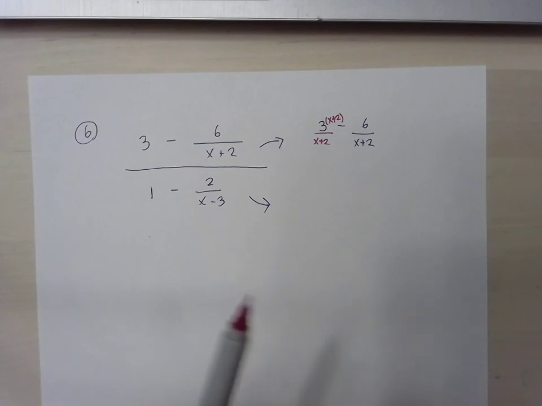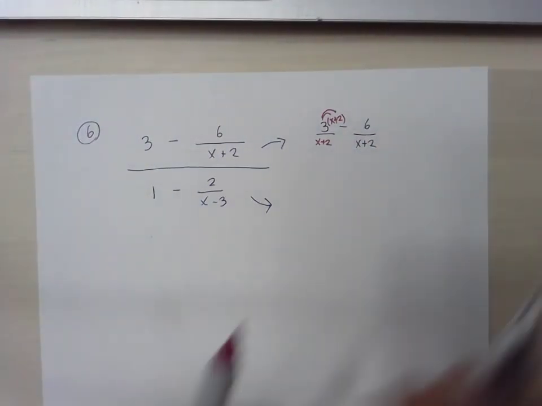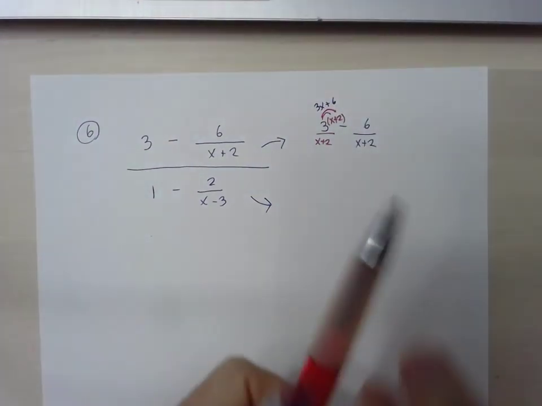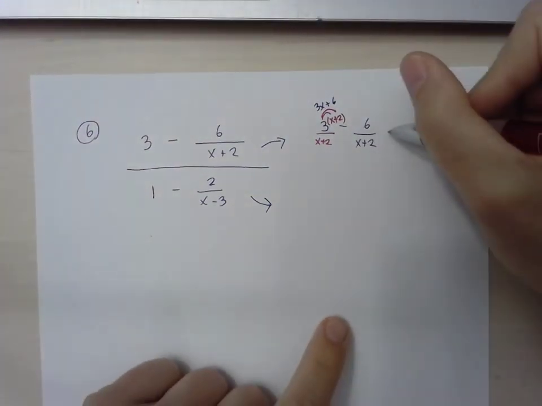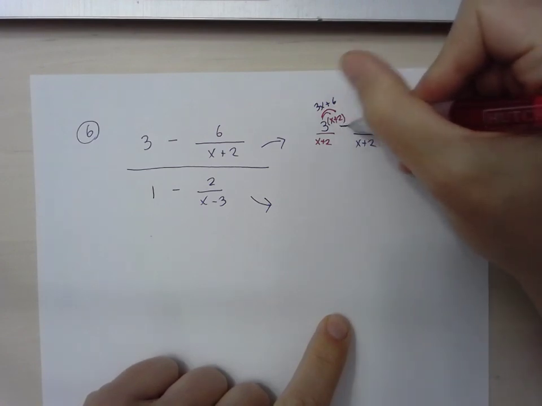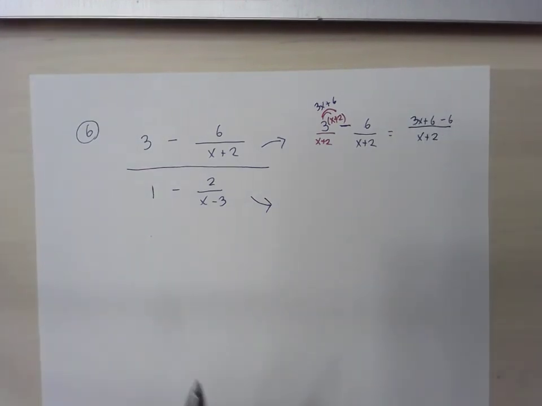That's going to get distributed out, so that's going to be 3x plus 6. So that will end up being 3x plus 6, and then I'm subtracting 6 over x plus 2. We'll simplify that a little bit more later.